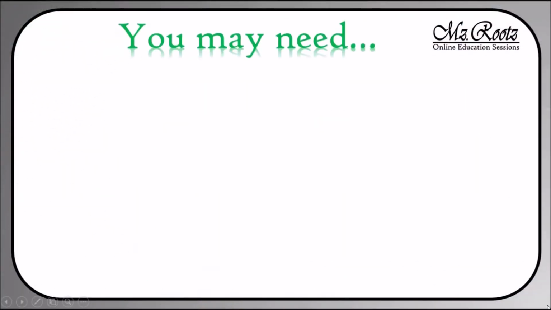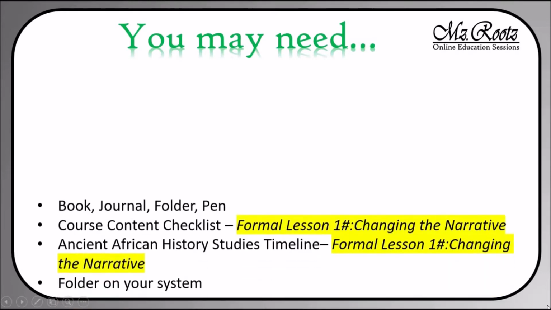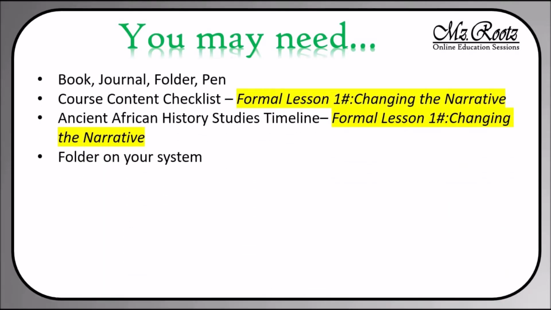For this session, you may need a book, journal, folder and pen. Remember, it would be beneficial to have a selection of pens with a range of colours to help retain that knowledge. You will also need your course content checklist. This was downloadable in formal lesson 1 entitled Changing the Narrative.